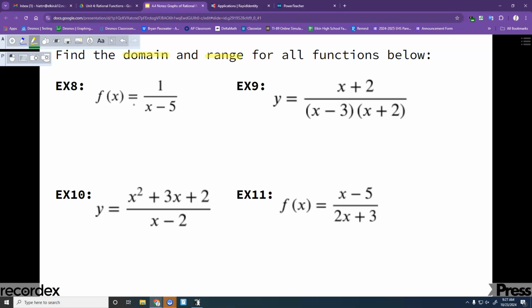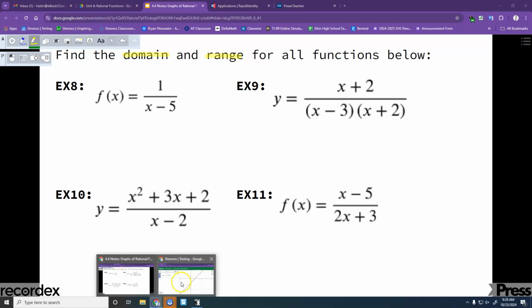Okay? And so we've done these for lots and lots of problems. For rational functions, your domain is going to be basically everywhere except for your excluded values, your discontinuities. Okay? So it's very similar to what we've already done, but just a little bit different.